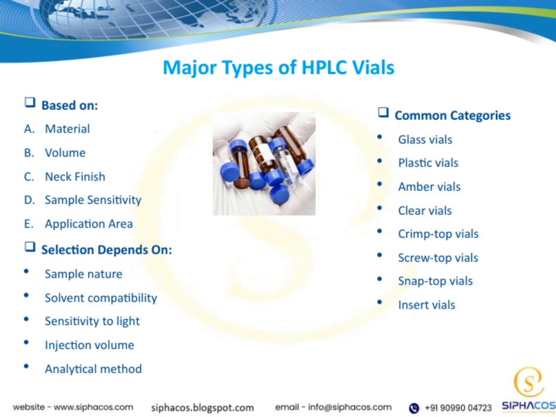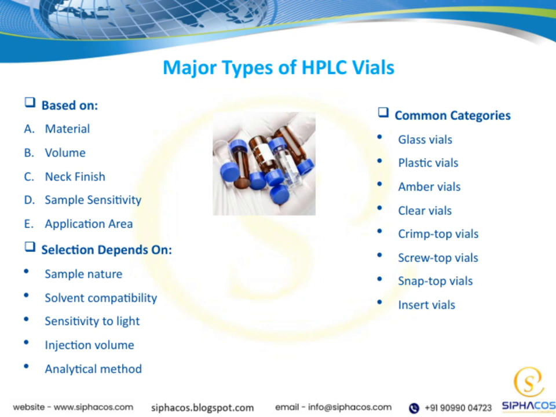Amber vials are excellent for light-sensitive samples, protecting them from degradation, while clear vials are suitable for samples that don't require protection from light. You'll also see different types based on how they seal, like crimp top, screw top, and snap top vials, each offering different levels of convenience and security.